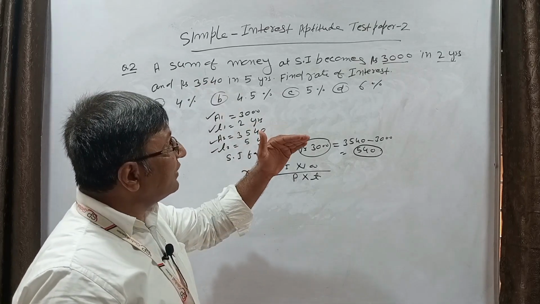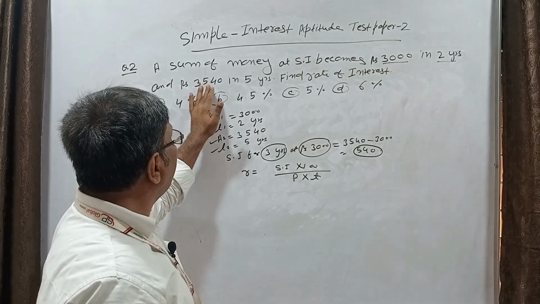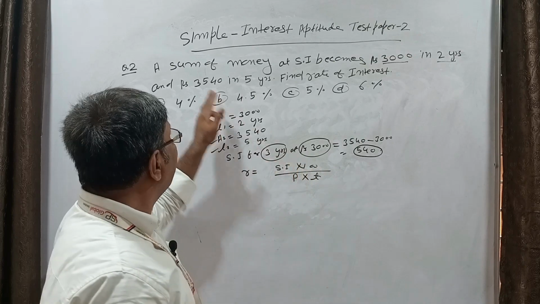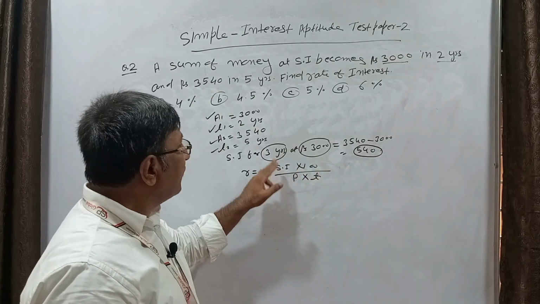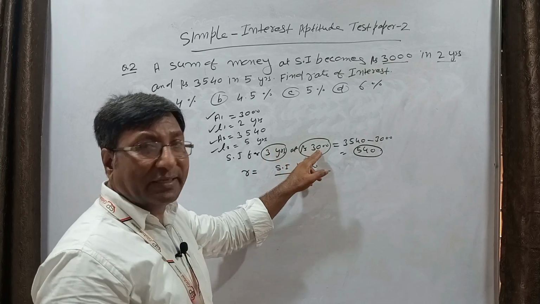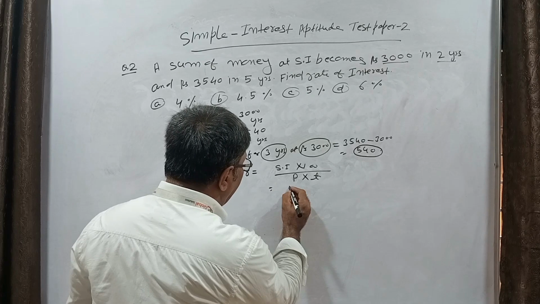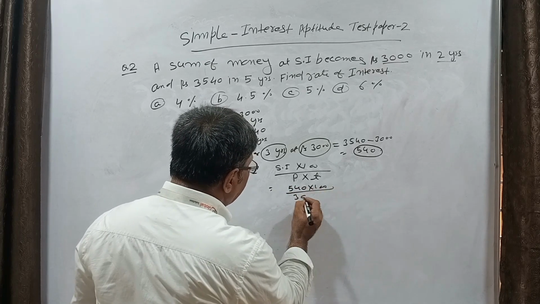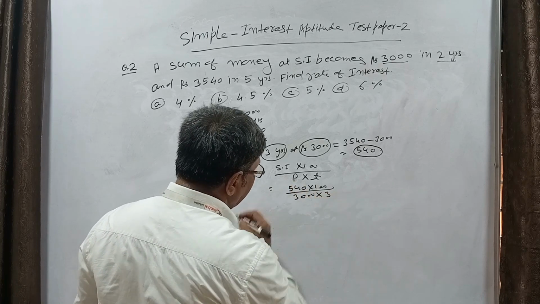So 3000 rupees in 2 years, and the same amount becomes 3540 in 5 years. So in 3 years how much increase? 540 increase. So 540 is simple interest for 3 years at rupees 3000. So simple interest is 540 into 100, principal is what? 3000, and time is given, how much? 3 years.